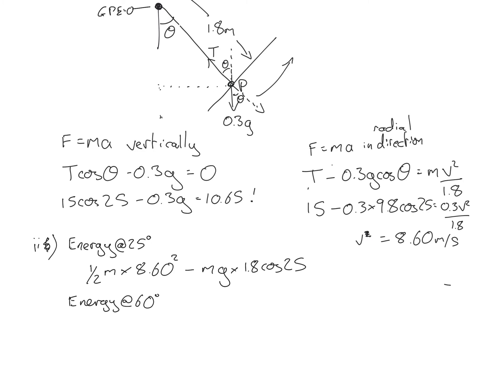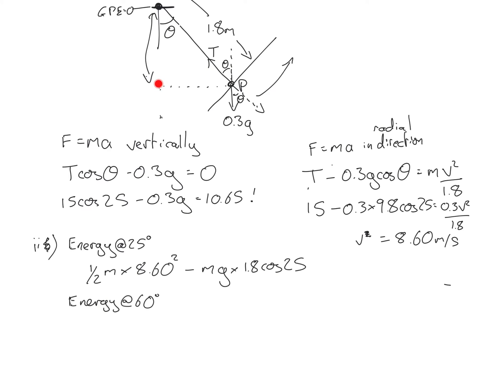Okay, I'm taking GPE to be 0 here, so I want the vertical distance down here. I'm saying that I want the energy at the start here has two components. It has kinetic and gravitational, and I'm saying my GPE is 0 here, so I can write then a simple formula for the GPE at this point.